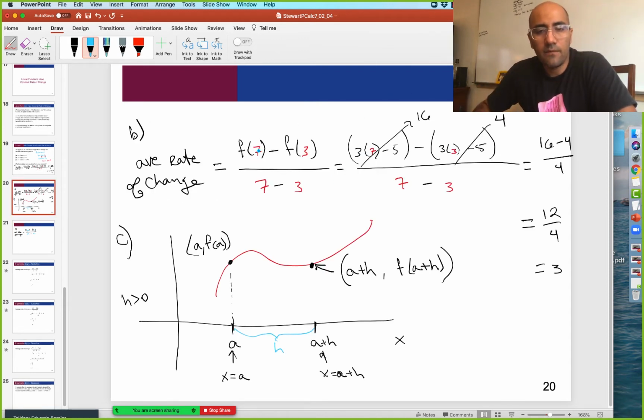We had x equals 7 goes there, x equals 3 goes here, f of 7, f of 3. The value to the right, here is 3, here is 7. So we start off with this right value, f of 7 minus f of 3 all over 7 minus 3. That's why we start off with this right value, f of a plus h minus f of a all over this number minus this number.